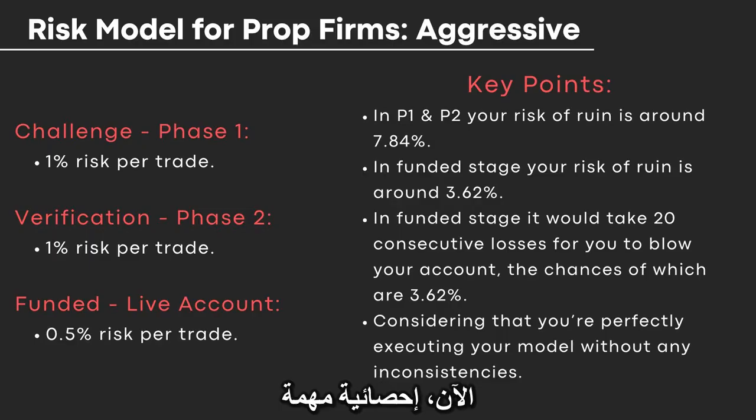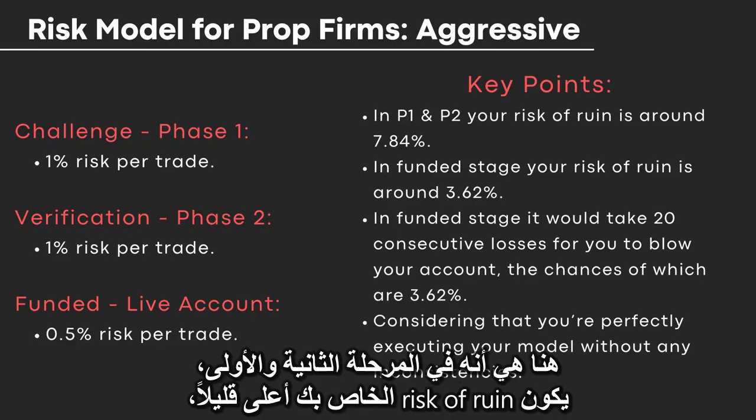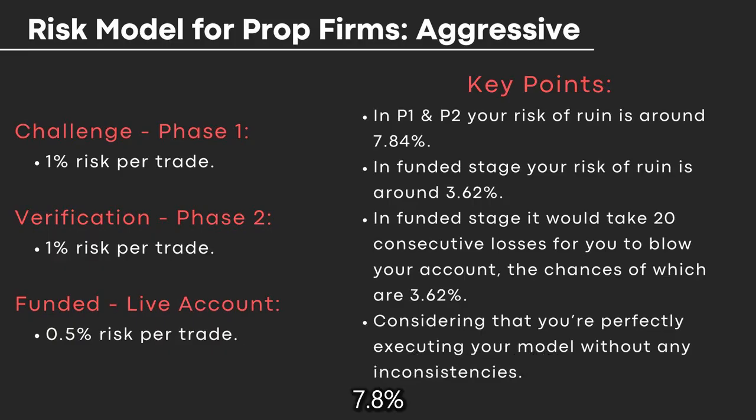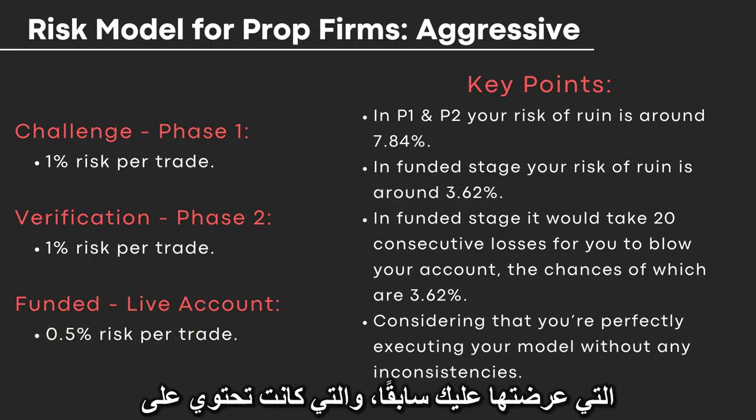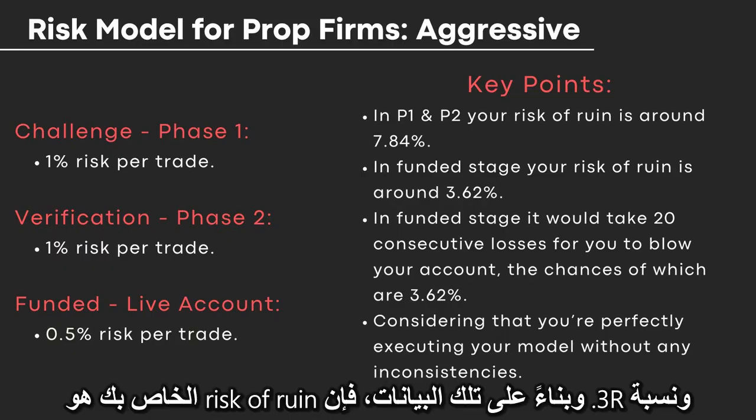Now, an important statistic here is that in phase 1 and phase 2, your risk of ruin is slightly higher, which is 7.84%, because you are risking 1% per trade. And remember, this risk of ruin is calculated based on the metrics of the models that I showed you earlier, which had a 40% win rate and a 3 risk to reward ratio, right?